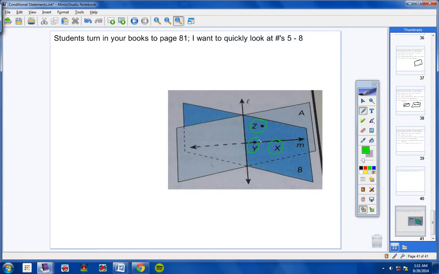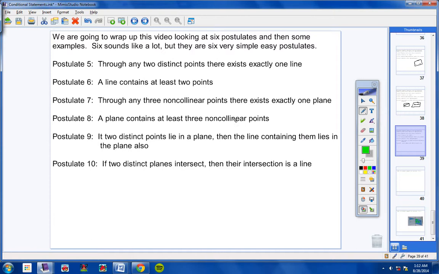Well, they're three non-collinear points, so they have to lie in a plane. So what postulate would that be? Well, here it is. Through any three non-collinear points, there exists exactly one plane. Or we could say a plane contains at least three non-collinear points.